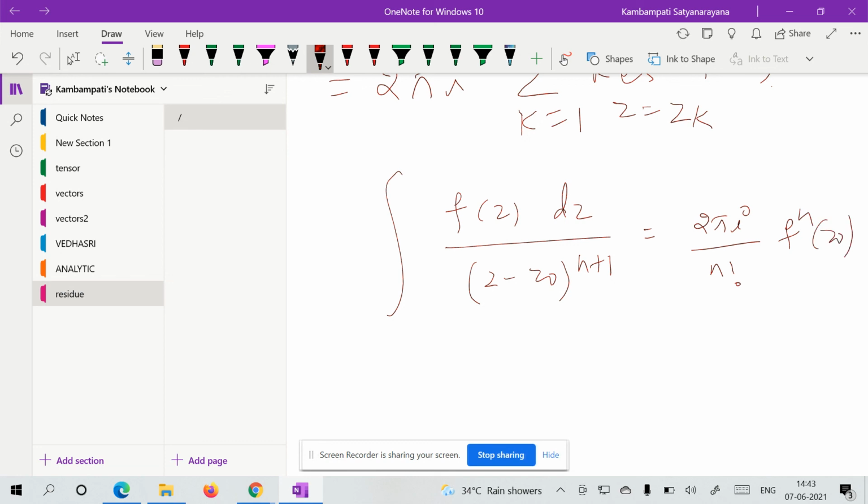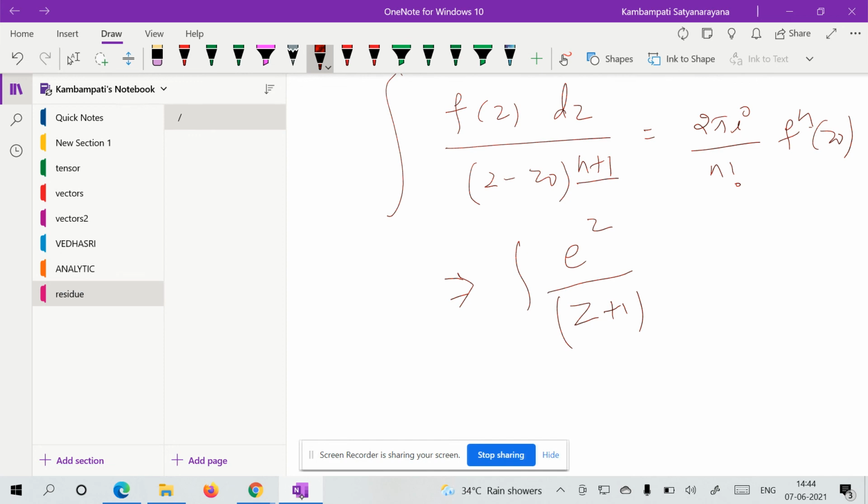Here it is n plus 1 in the denominator and n in the derivative. So in our problem, e power z by z plus 1 whole to the power of n has n in place of n plus 1, so we get 2 pi i by n minus 1 factorial, since n plus 1 gives n factorial and n gives n minus 1 factorial.